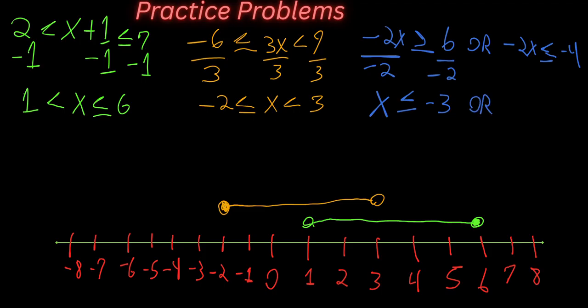Or now we solve the other side. We have -2x is less than or equal to -4. So we are going to divide both sides by -2, and we must again flip the inequality sign, and we find that x is greater than or equal to 2.